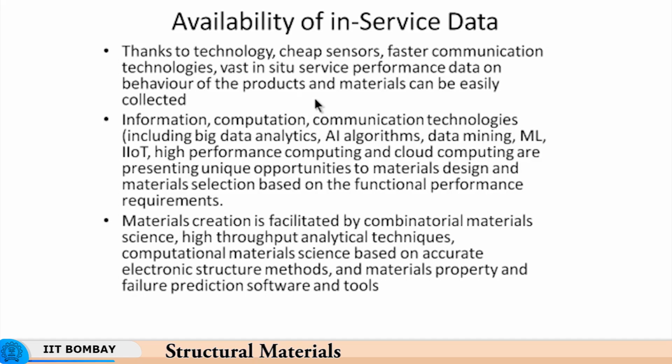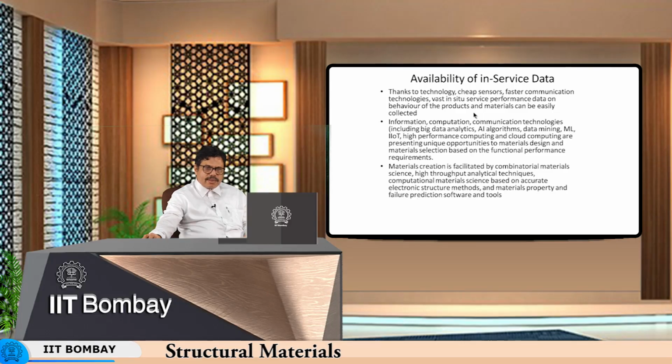So, we have information computation, communication technologies including big data analysis, artificial intelligence algorithms, data mining, machine learning, industrial IoT, Internet of Things. So, high performance computing, cloud computing, these are all available, and these provide opportunities for material design and material selection based on functional performance requirements.